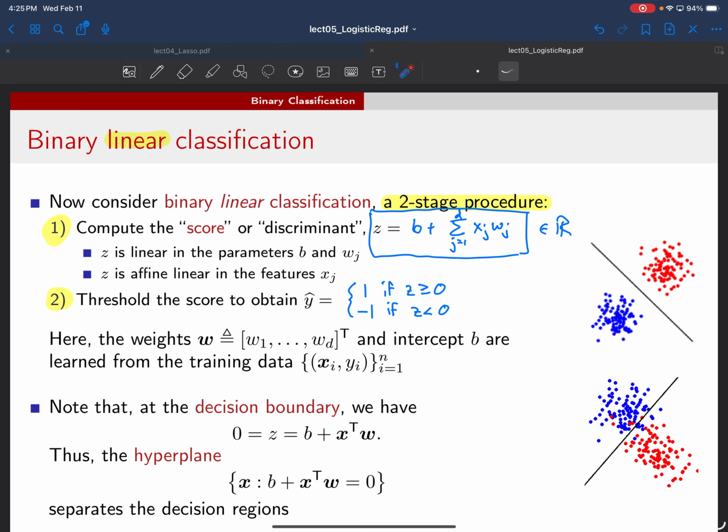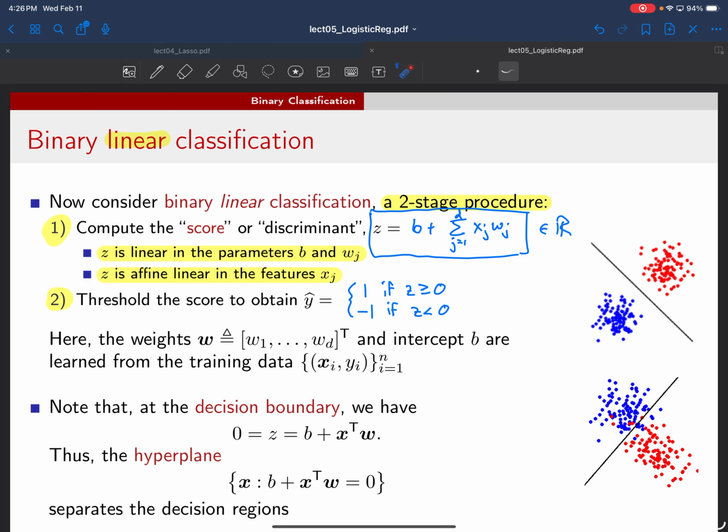So why do they call this linear? For two reasons. The first reason is that z is a linear function of these parameters b and w_j, just like we had for linear regression. And also, z is affine linear in the features. So it's a linear function of b, a linear function of the w's, and also a linear function of the x's.